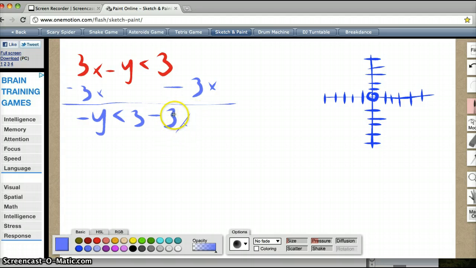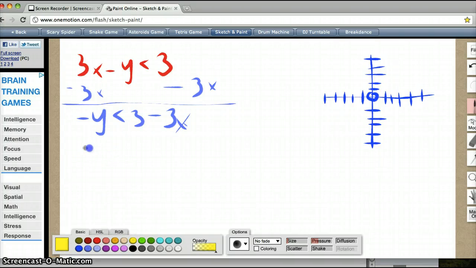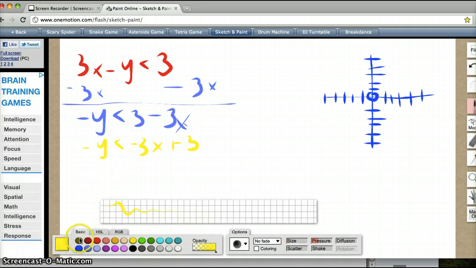Now we need to have it in y equals mx plus b form, so we're going to switch that. So negative y is less than negative 3x plus 3. Now this is negative, so we need to get rid of the negative.